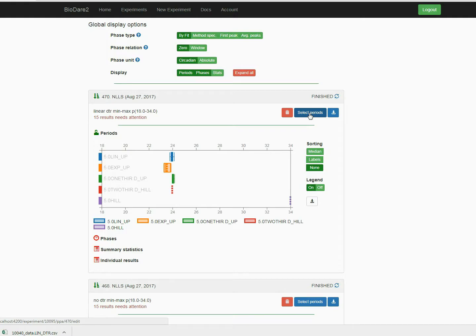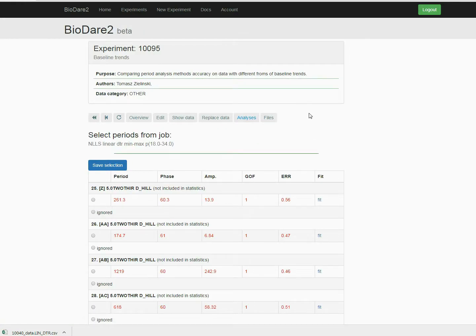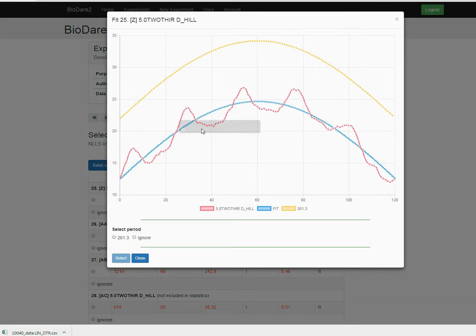Let's try to understand why we could not get the results for the complex trends. I will click on Select Period to check the data and the analysis fit. In the case of two-third hill, the detrended data looks like this big arc with oscillations on top of it. And FFT and LS, instead of finding those little waves, fitted just one curve that followed the trend instead.